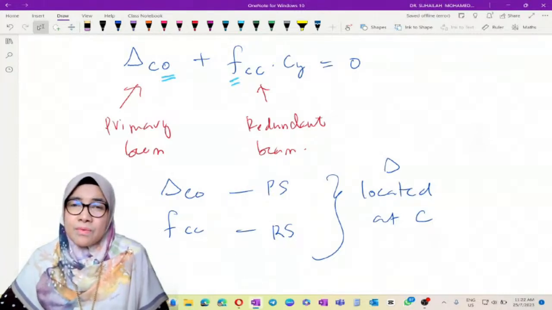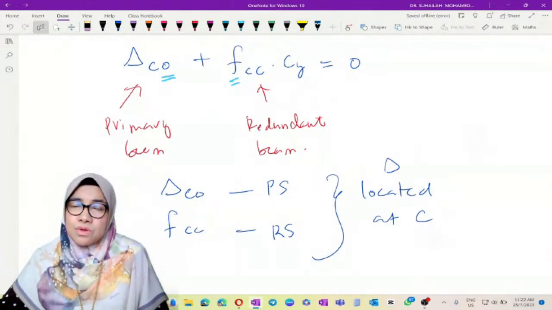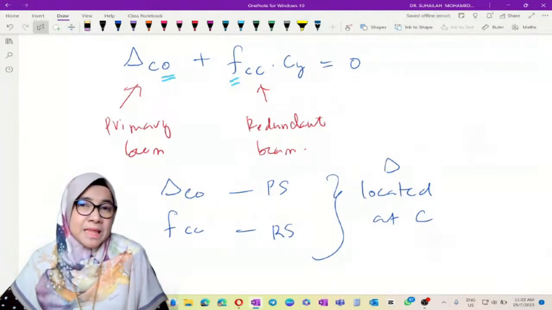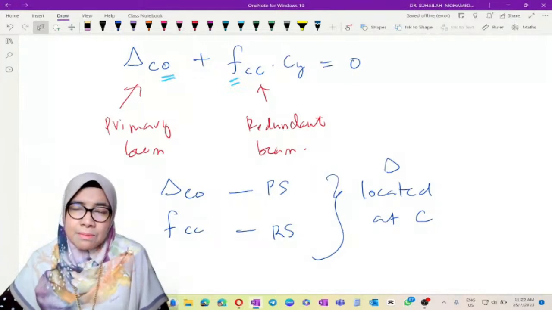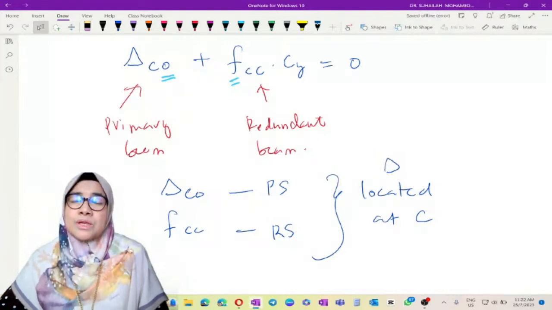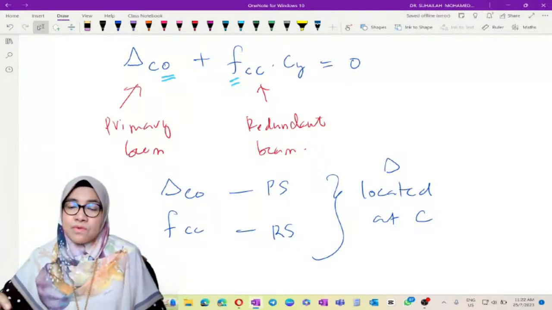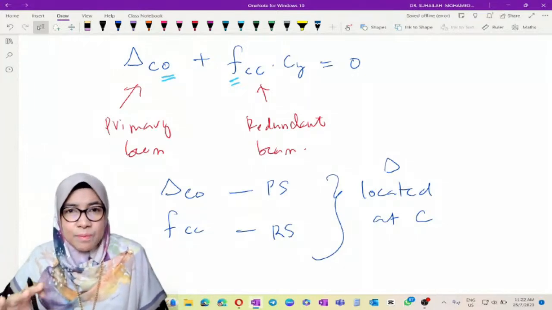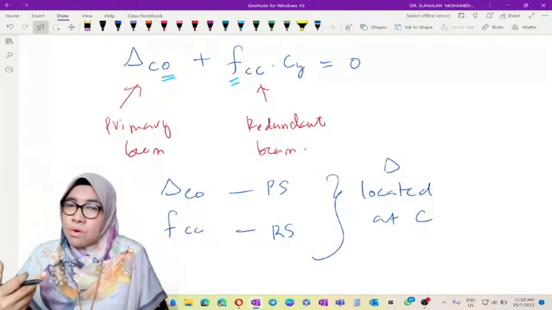How do we solve the redundant? By solving the compatibility equation. What is the compatibility equation? It is actually the displacement equation: the displacement in the primary beam plus the displacement in the redundant beam, for which we use F as the symbol, FCC. So the information stated on the screen right now actually describes the whole process.